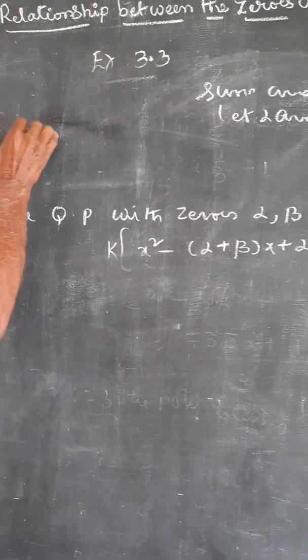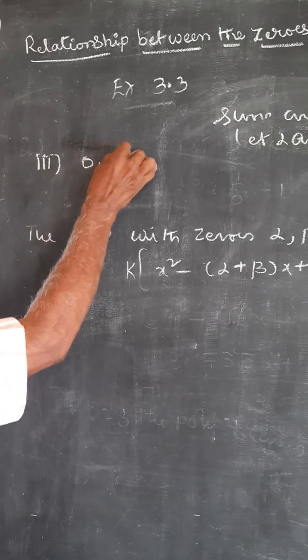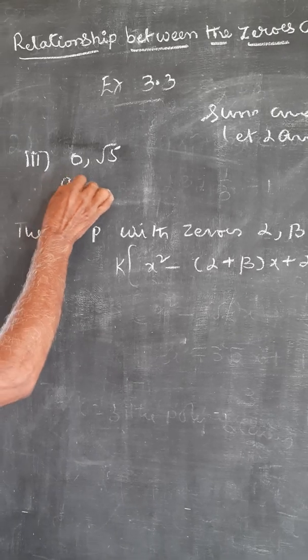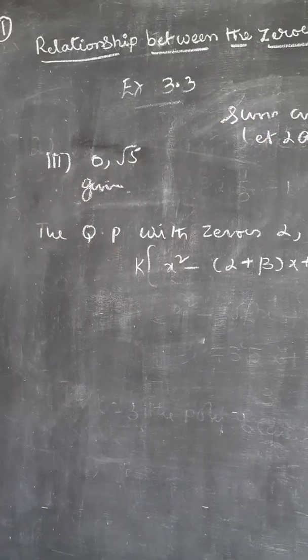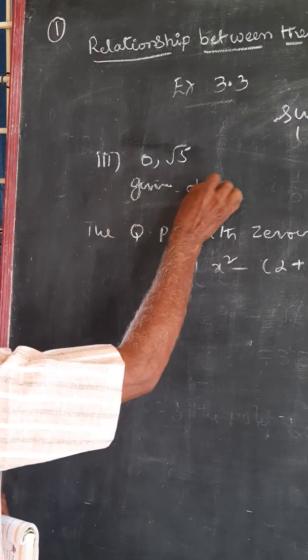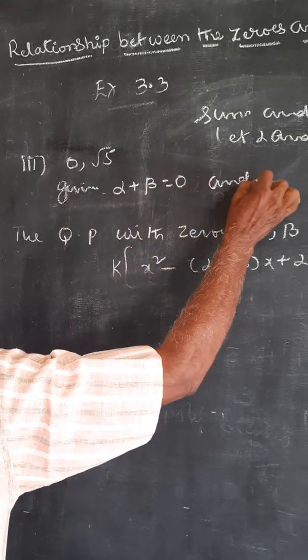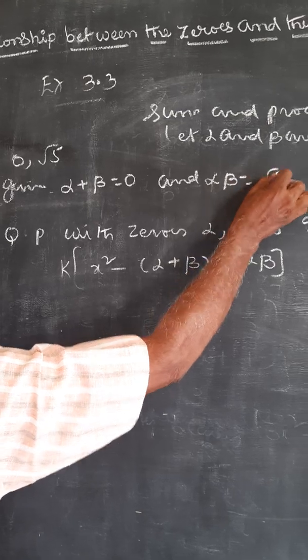Third bit: 0, root 5. So sum of the zeros is 0. First step as usual, let alpha and beta be the zeros of the polynomial. Given alpha plus beta is equal to 0 and alpha beta is equal to root 5.